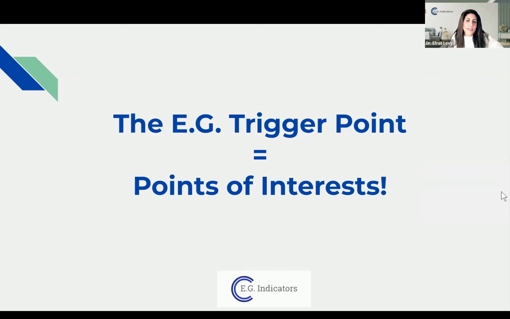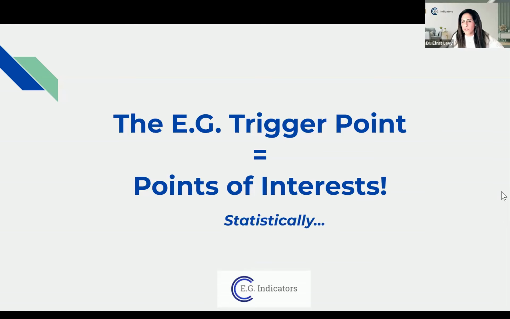So to conclude, the EG trigger point presents us points of interest. This means that we expect the market's behavior to be less random than at other price points. And remember, guys, it's all about statistics.